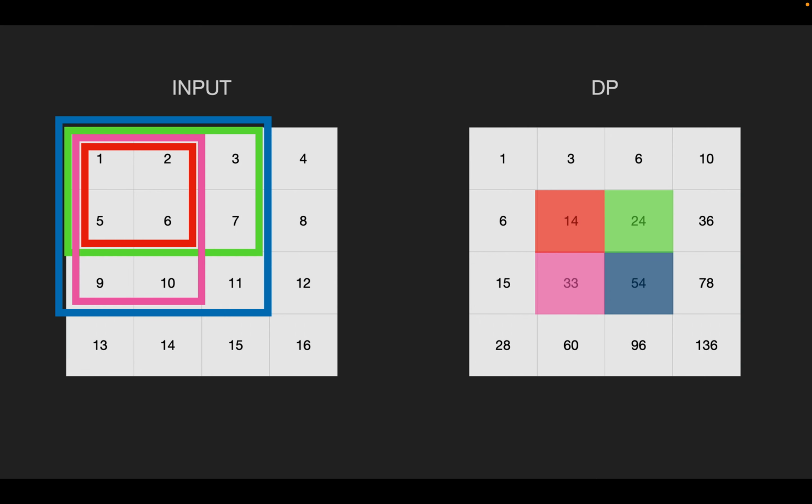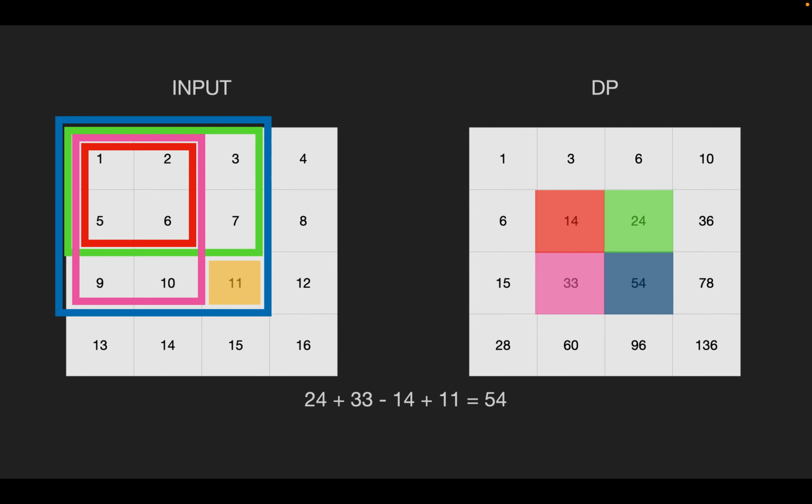Then there's only one more piece missing, and that's the current element that we're looking at. So we're looking at row index 2, column index 2 again, right? So 11. So we can compute 54 by doing 24 plus 33 minus 14 plus 11 equals 54.